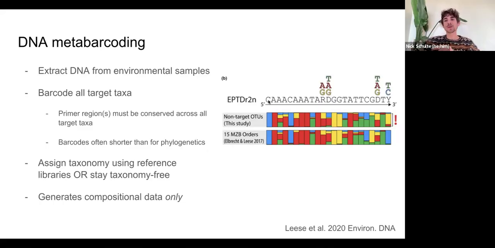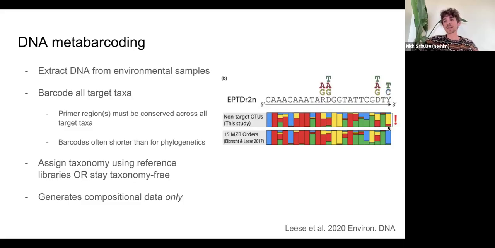So here, this is a little snippet. This is actually for arthropods, but in this 20-ish base primer region, the C here is in blue. It's saying all the non-target taxa in this study also had a C in that position, but our target ones did too. But if we jump to the very end of this primer region, you can see there's one base where all of our targets have this C, which is part of this primer sequence.